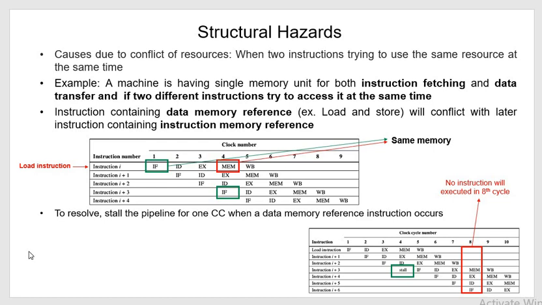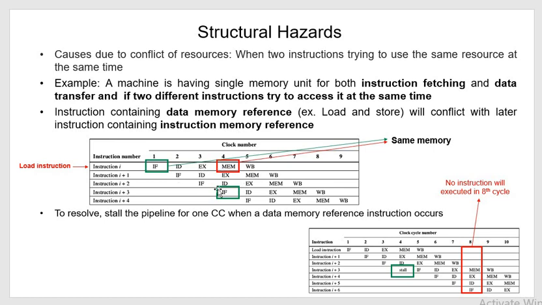Now we will discuss the structural hazard with one example. Some pipelined machines share a single memory for data and instructions. As a result, when an instruction contains a data memory reference, it will conflict with the instruction fetch of a later instruction. We will try to understand this with these two figures.